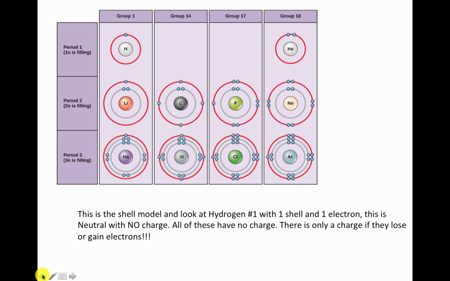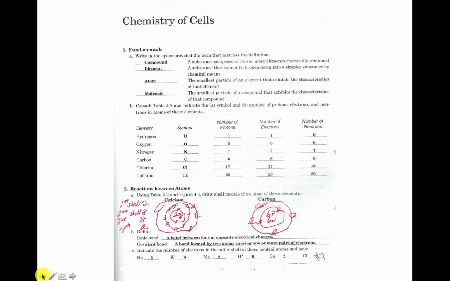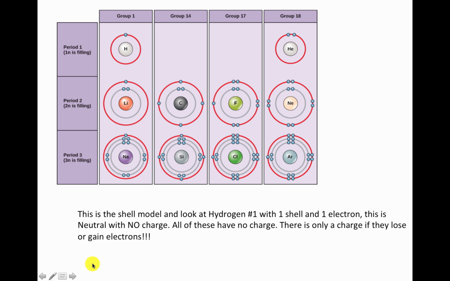Now, as we go down, sorry about that, to 2, you will see that I drew it as well as I could. That is the shell model, and I think the next page shows carbon drawn much nicer. And if you look right here, this is carbon, group 14, period 2. Don't worry about what that means. You don't need to know it.